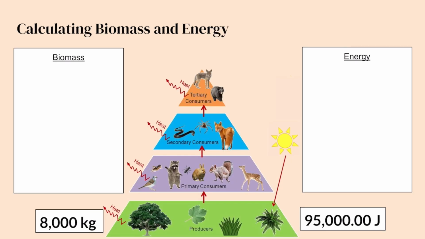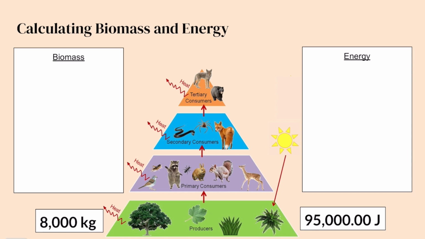So we can use this 10% rule to actually do some calculations and figure out how much biomass and energy is present in each trophic level. And so again, those trophic levels are producers, primary consumers, secondary consumers, and then tertiary consumers. The way that we can calculate the biomass of each trophic level and the energy present in each trophic level is just by multiplying by 10% as you move up to the next trophic level.